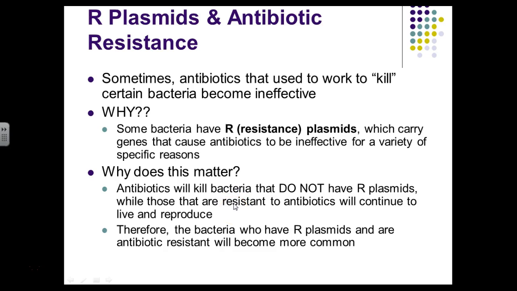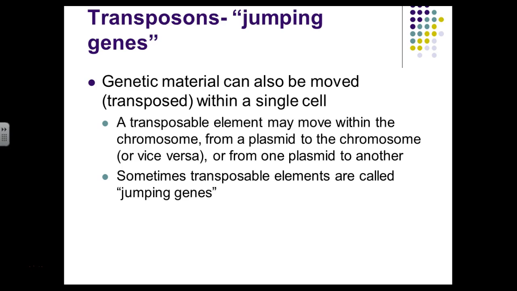So unfortunately, by prescribing and using more and more antibiotics, the only bacteria that are surviving and living long enough to reproduce and pass on their genes are the ones that have these antibiotic resistance genes that they continue to swap through conjugation. So we are creating a problem here with antibiotic resistance in bacteria through this very mechanism.